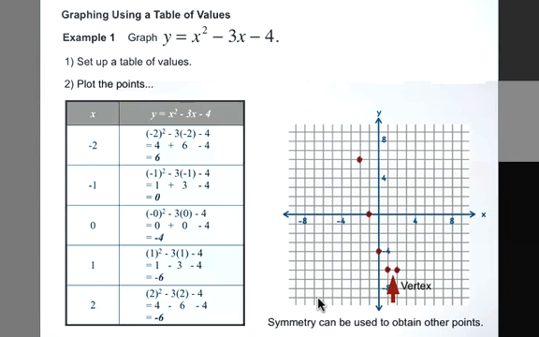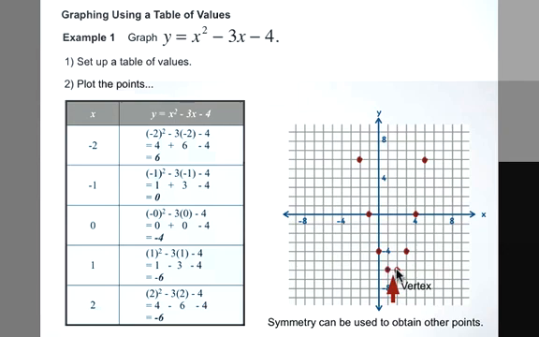Symmetry can be used to obtain other points. So we know that a parabola has an axis of symmetry, and it's located at the vertex, so we can just add the points from there. So for example, this point goes to the right once and down twice.